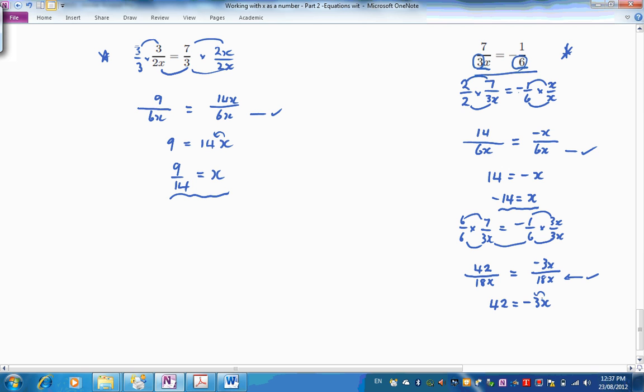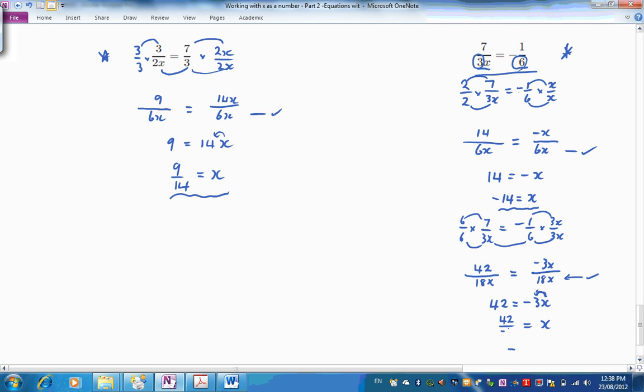X has been times by neg 13. To get x back again, we'll divide by neg 13. And a positive divided by a negative is a negative. So, not neg 13, sorry. We want here just neg 3, don't we? I just scrub him out there.